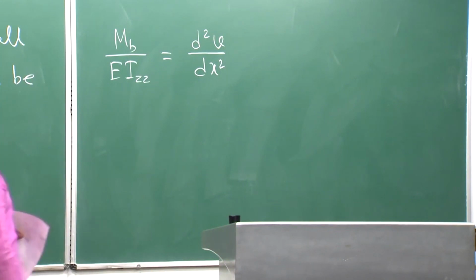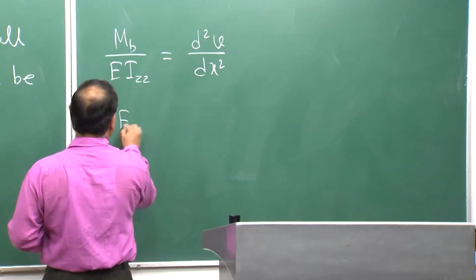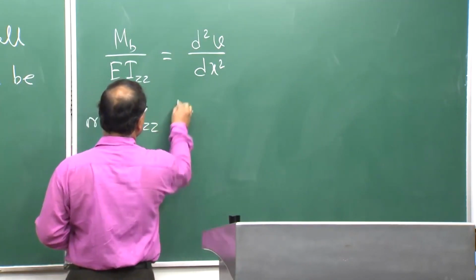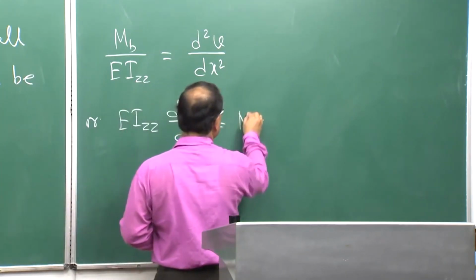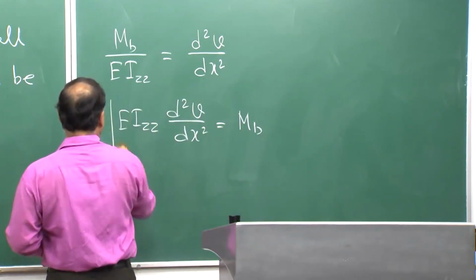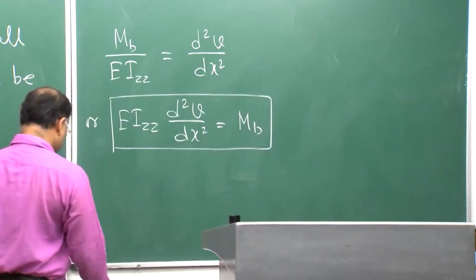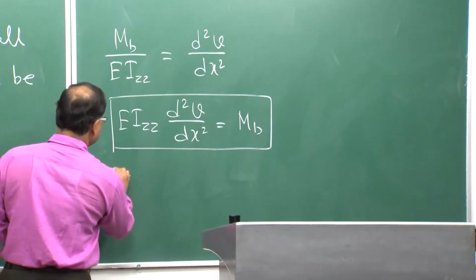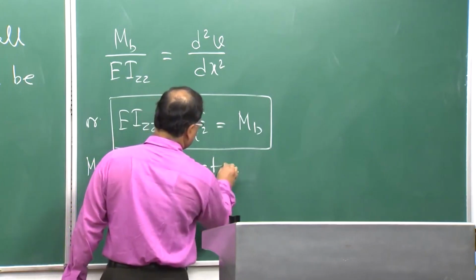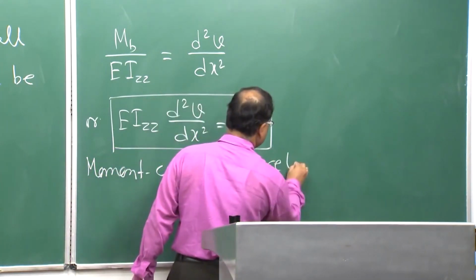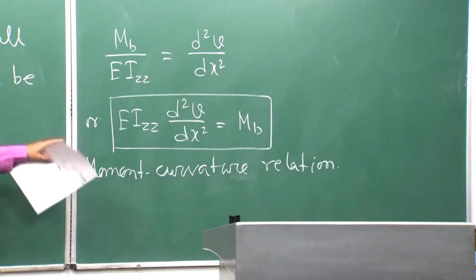Or we can write like this: EIzz d2v dx2 is equal to Mb. This is nothing but your moment curvature relation. Now, what does it mean actually?